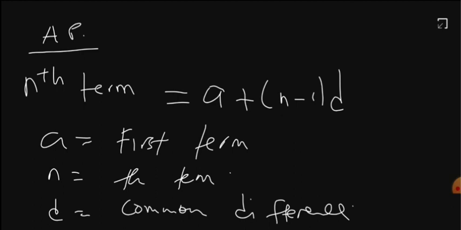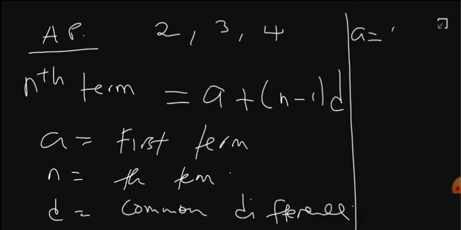So for example, if I say an AP series of 2, 3, and 4, from here, my a is 2 as our first term, and our common difference is the difference between the second term and the first term, or the third term and the second term.